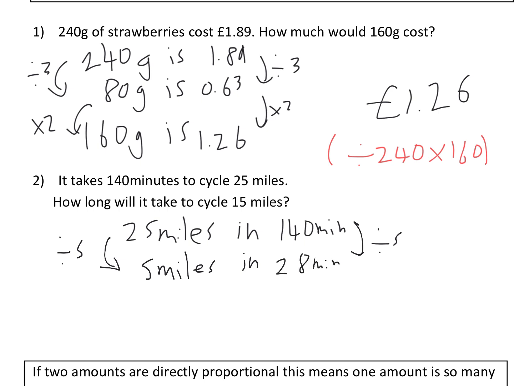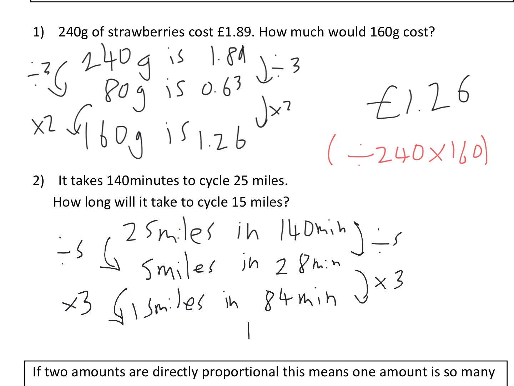So you do 5 miles in 28 minutes. 15 miles is 3 times as much, so we'd be wanting to times that by 3. So 15 miles in 84 minutes. And you might want to say 1 hour 24 minutes. You wouldn't often say 84 minutes.